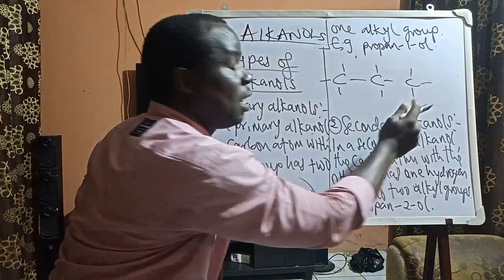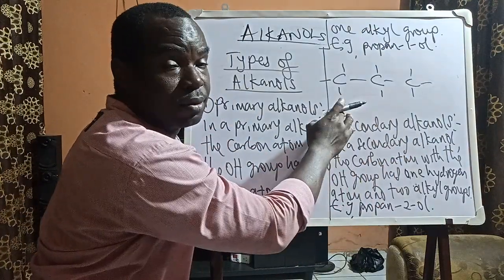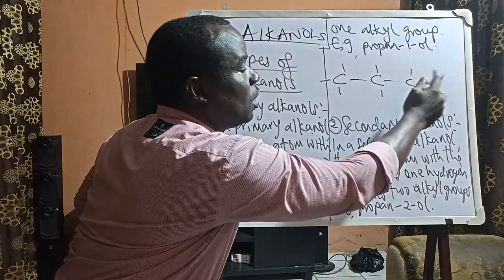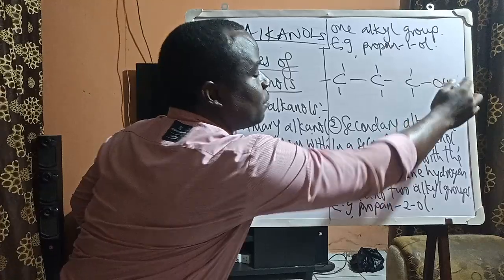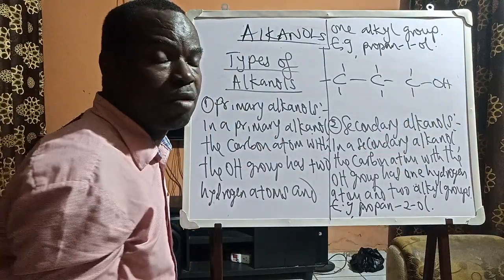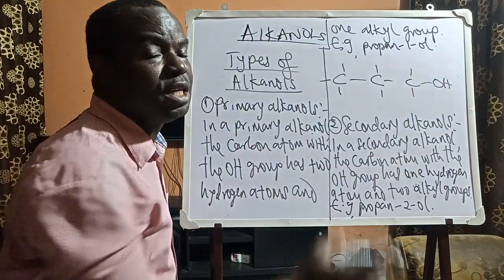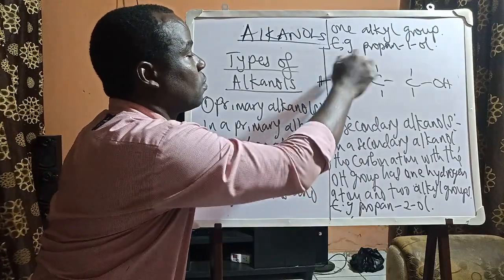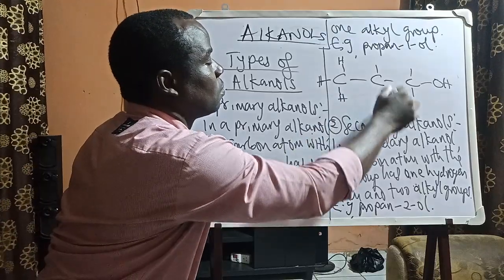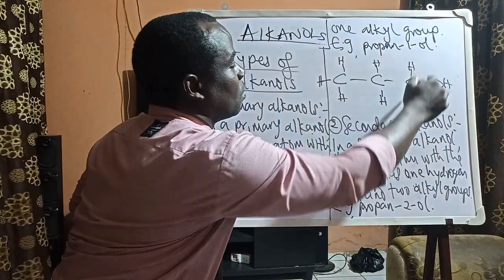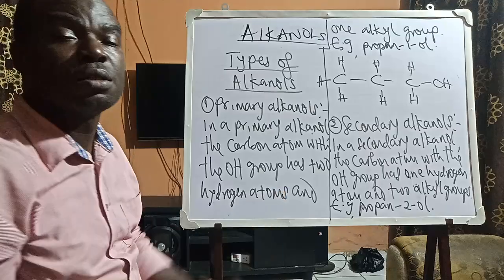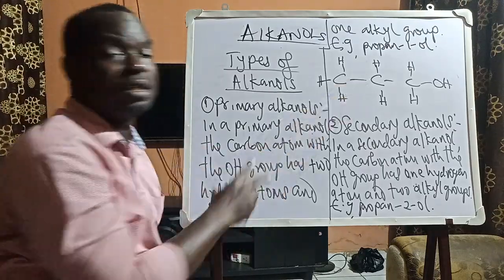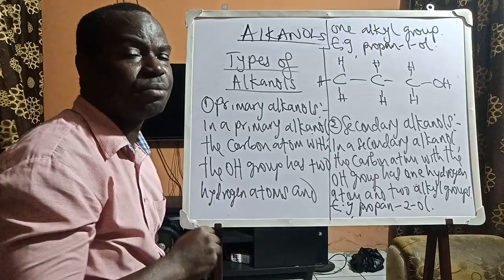So I fix it. Let's number from here: 1, 2, 3. I told you can number from any side, but let's number from here. So carbon number 1, I fix OH here. Are we following? Then the remaining bonds will be filled with hydrogen atoms. This is propan-1-ol.